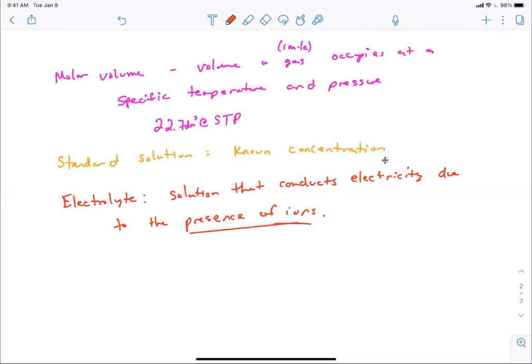And so this is different than the reason why metals conduct electricity, because of their delocalized electrons and things like that. And so it is important that we address that. So the solvent breaks down the substance into its respective ions, which allows it to conduct electricity.